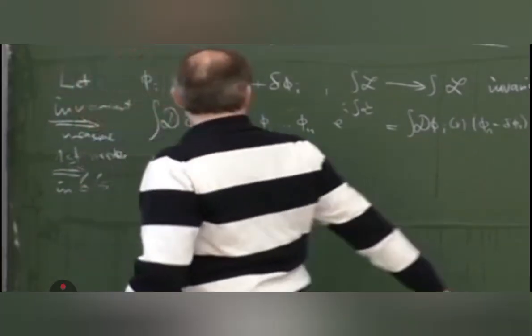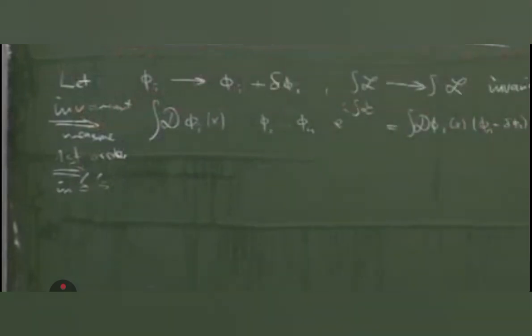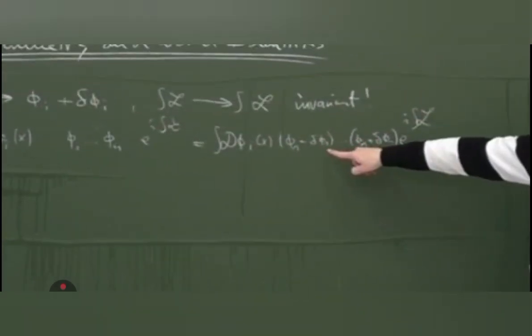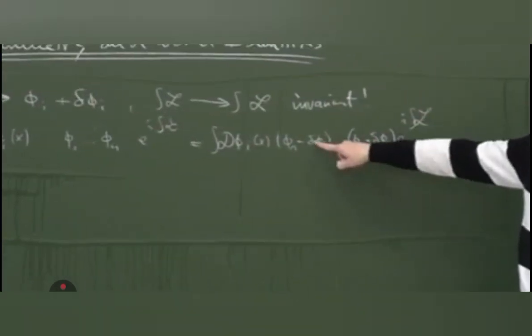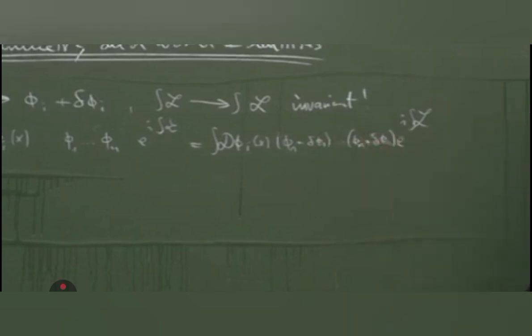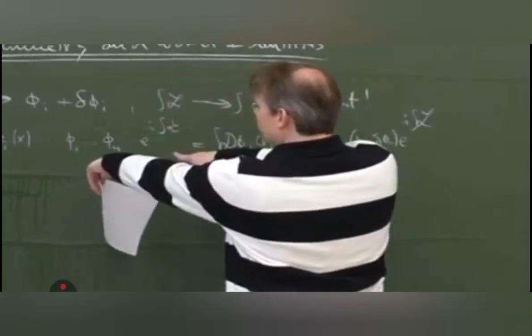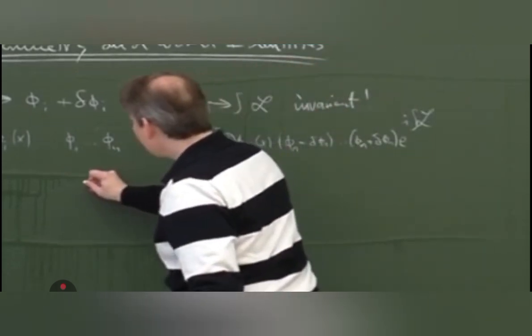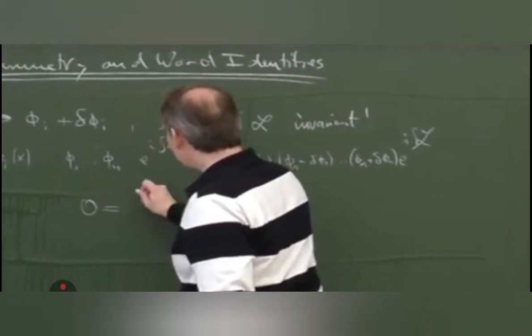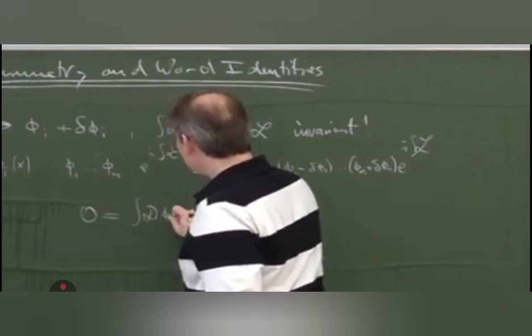At first order in the deltas, this simply gives a sum of one delta phi each times all the other non-delta phi's. And here there is no first order term, therefore what we get is 0 is equal to the following path integral expression.